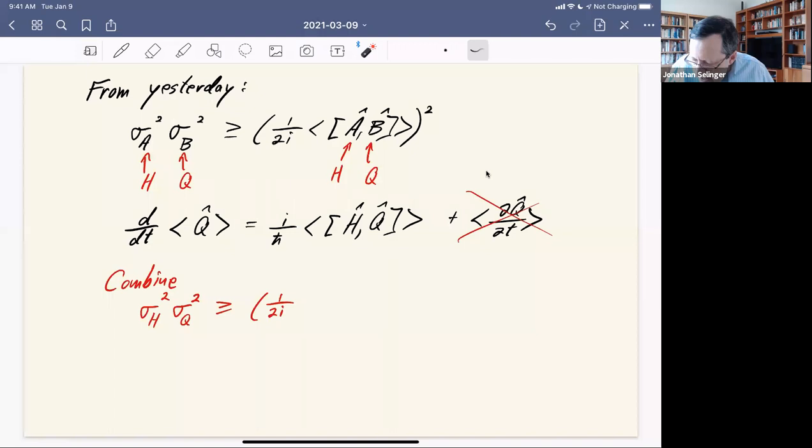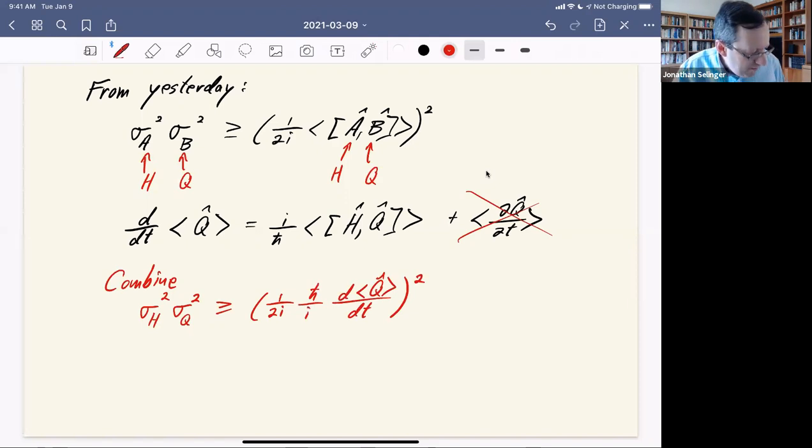Instead of the HQ commutator, we'll put in this time derivative. So we would get h bar over i times the time derivative of the expectation value of Q, that whole thing squared.